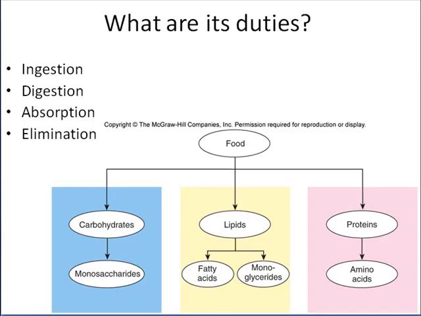So really quickly, just to remind you, most people know this already, but the duties of the digestive system include to take food in from your environment, that's called ingestion, to then break that food down. That food consists of lots of organic macromolecules, and those molecules are way too big to enter into our blood directly.